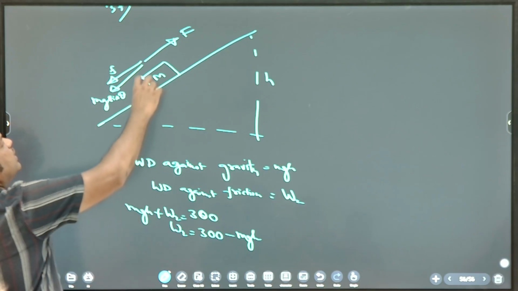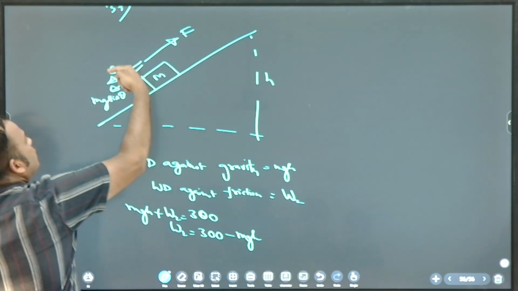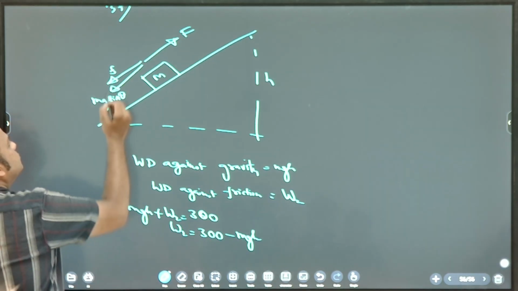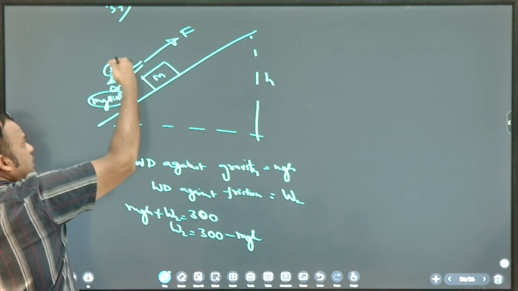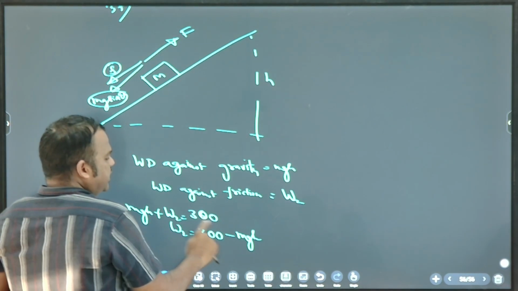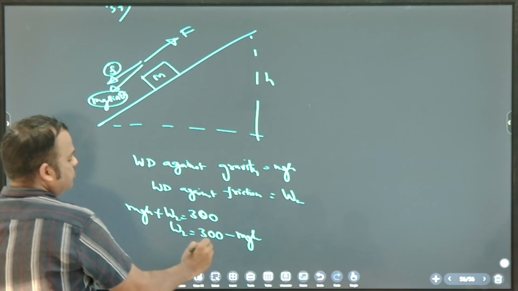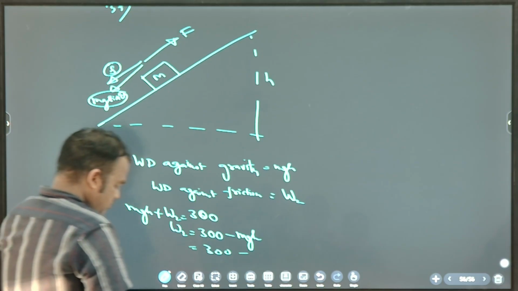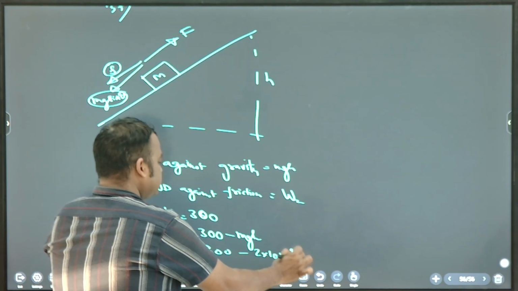So you are moving like this, holding the block. You are doing work against both friction and gravity. So total work done is equal to 300. Note down. Now mgh is how much? Calculate: 2 into 10 into h, so 200.